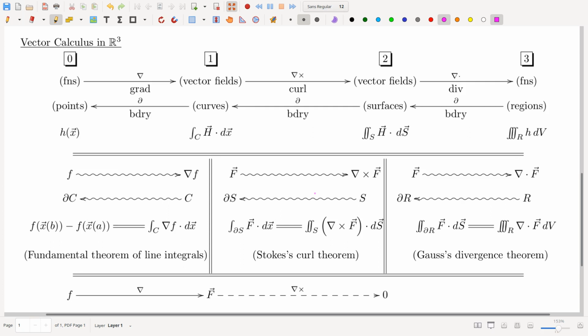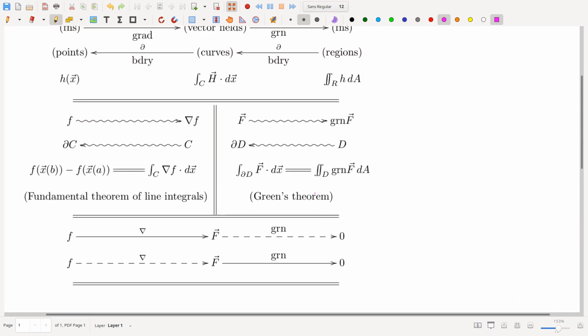But if you think about them in the context of this diagram, it's just one pattern, not three separate theorems. Right? So I think there's a lot of value in that. And I encourage you to try to understand those theorems on the pattern of this diagram.